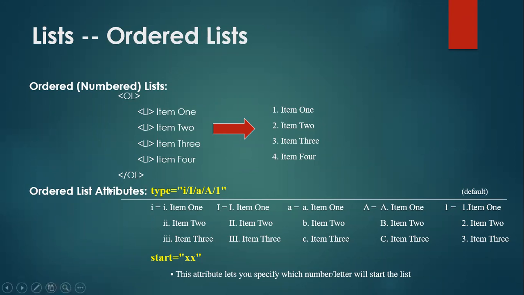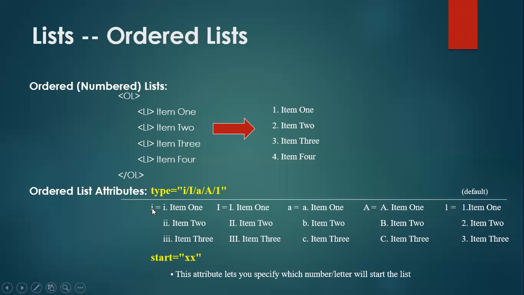But with the help of the type attribute in OL, we can change this type into Roman small, Roman capital, then alphabetical lists, small and capital. Here you can view the application of these types.